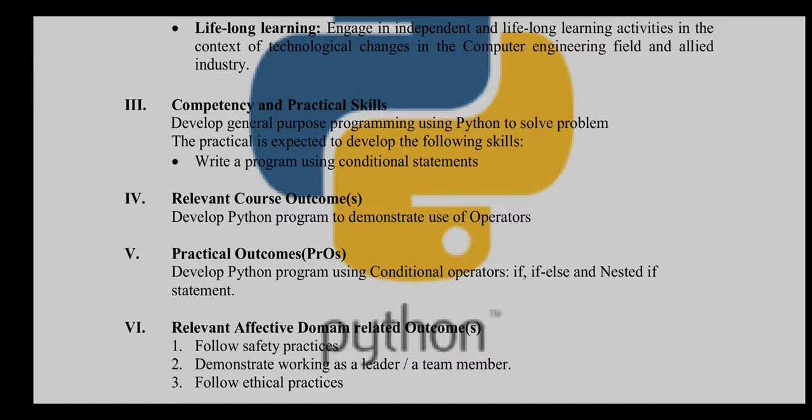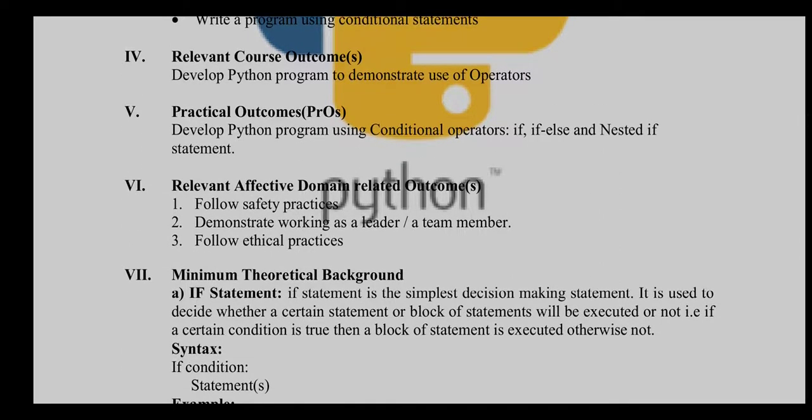The practical is expected to develop the following skills: you are able to write a program using conditional statements. The relevant course outcome and practical course outcome are the same, that is you have to develop a Python program using conditional statements like if else and nested if statement. The affective domain related outcomes are to follow safety practices, demonstrate working as a leader and as a member, and follow ethical practices.